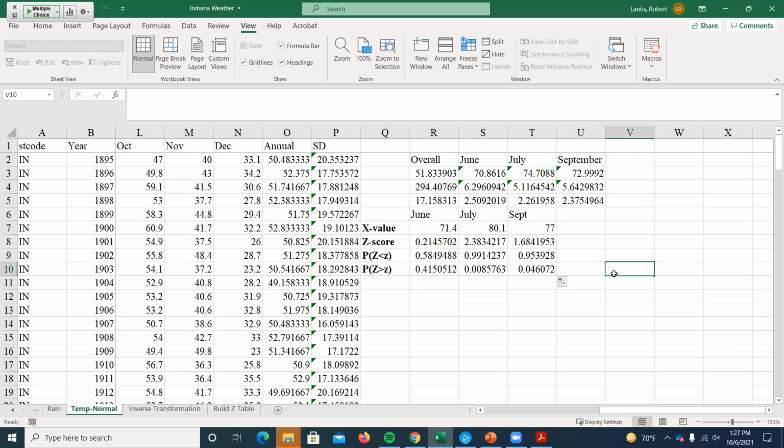The way that we found these probabilities was using that NORM.S.DIST function. All we have to do is put in the z-score. We're interested in the probability of seeing that z-score or anything to the left, the cumulative probability. So when it says cumulative here, comma, we always put a 1.